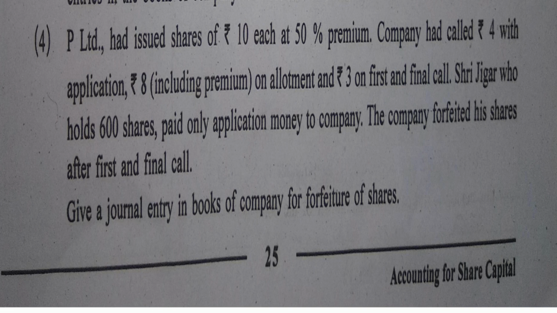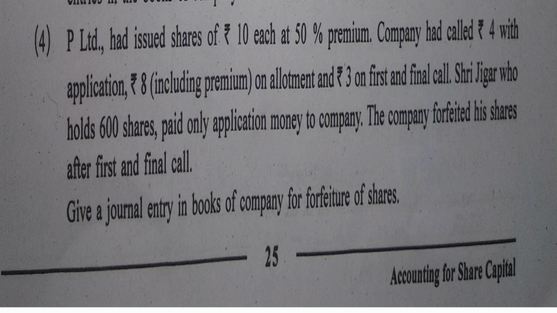Now, 50% of rupees 10 is how much? It is obviously rupees 5. So the issue price of shares is 15 rupees, which is 10 plus 5. 10 rupees is the face value of the share, and 5 rupees is the 50% of 10 rupees. So 10 plus 5, 15 rupees.